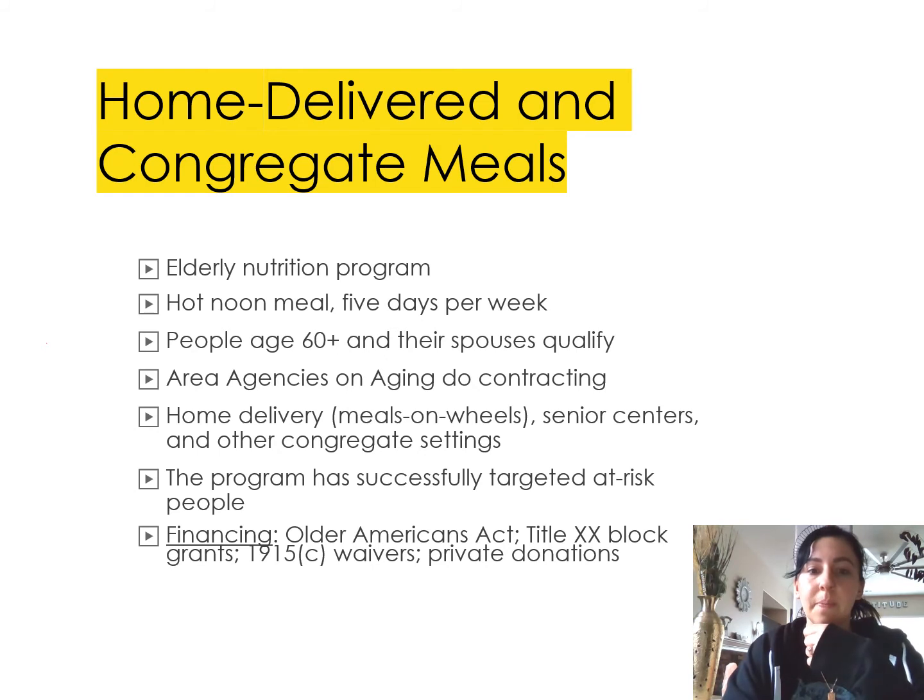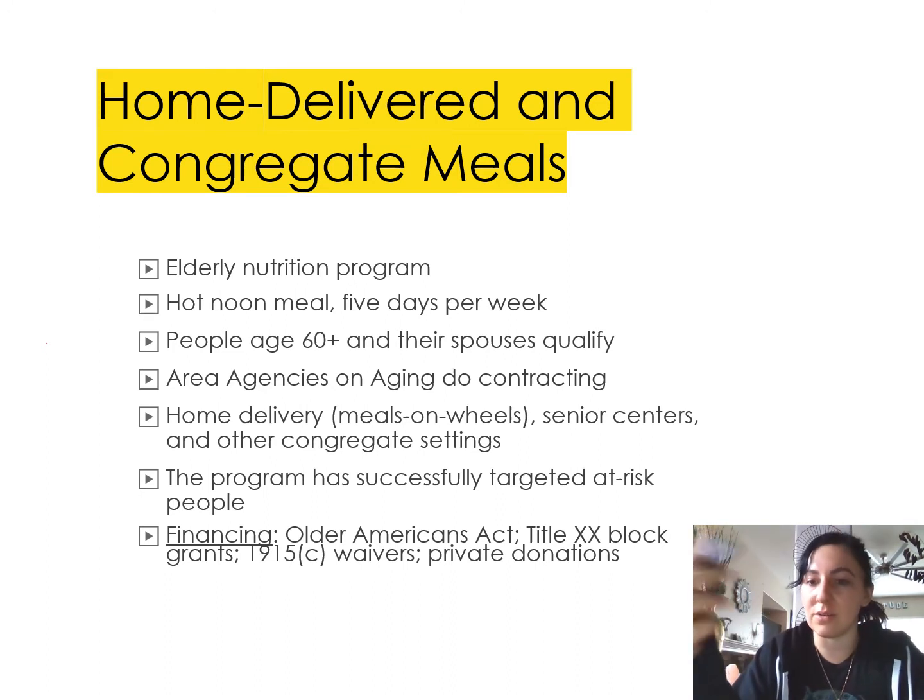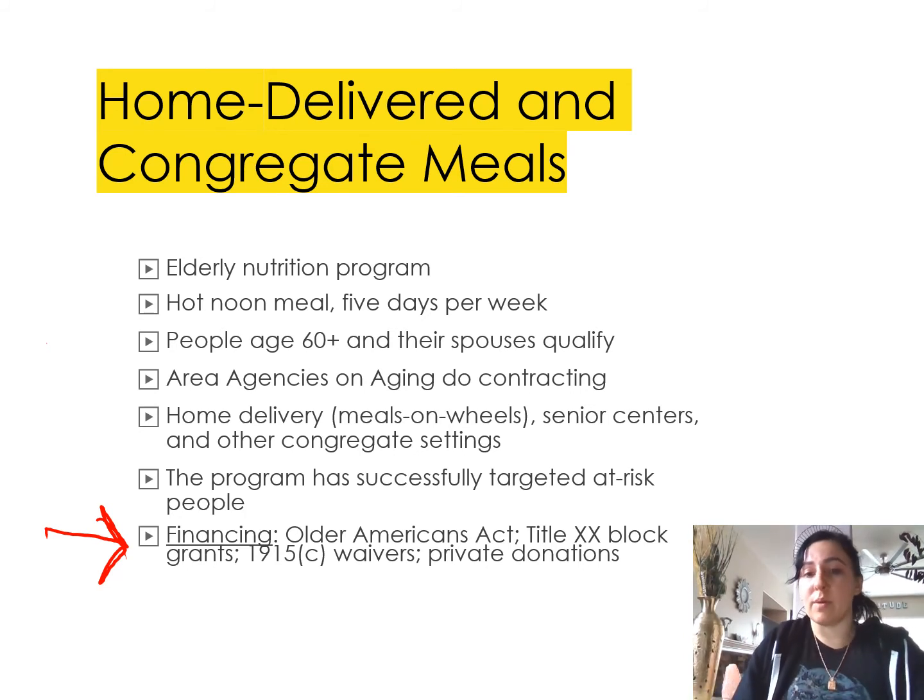And usually it's going to be volunteers who are out there, passing around the meals and making the deliveries. Or they can do home deliveries, or they have them brought to senior centers and other congregate settings for older adults. And how this is financed is going to be through the Older Americans Act, a lot of block grants that the government provides, and of course private donations and things like that.